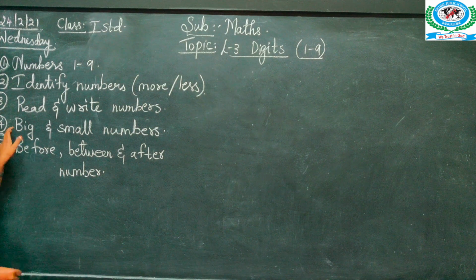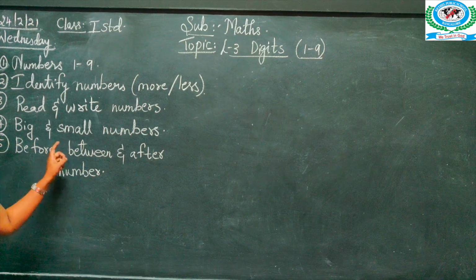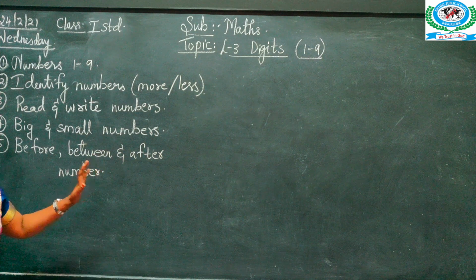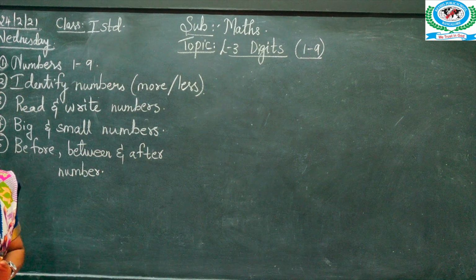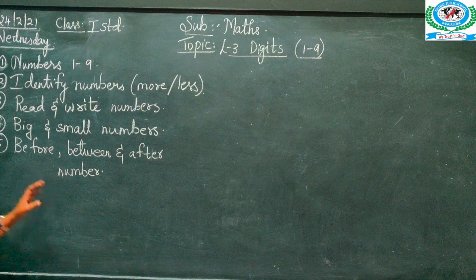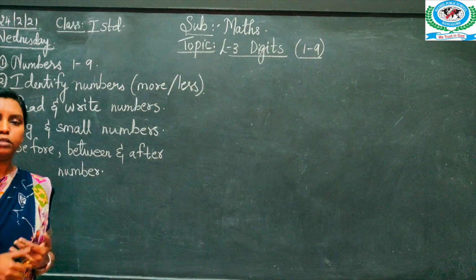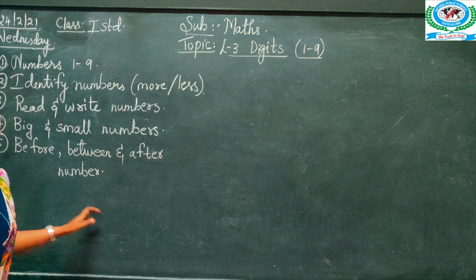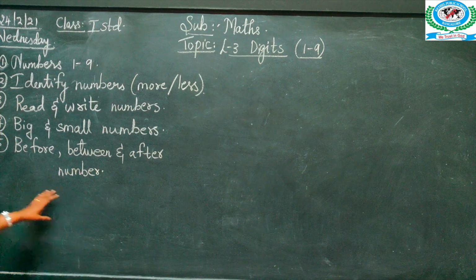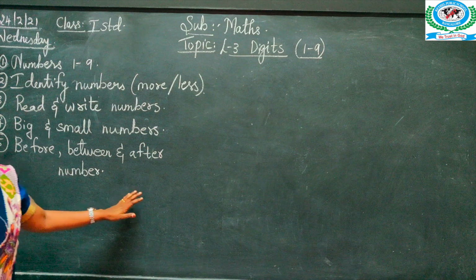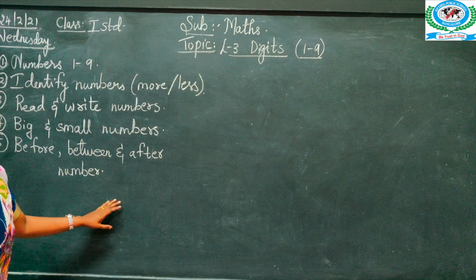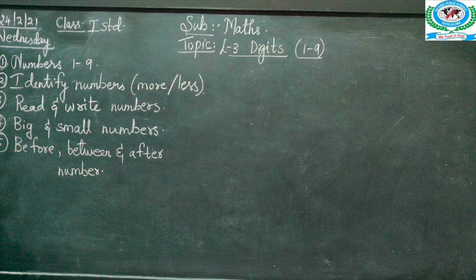And the fourth subunit is big and small numbers, which are the big numbers, which are the small numbers, comparison of numbers. And the fifth one is the numbers which come before, the numbers which come between, and the numbers which come after a number. So today's class will be dealing with all these units, right?